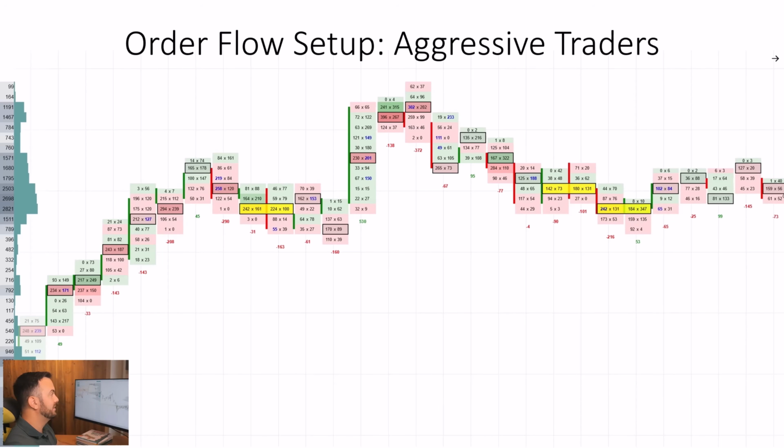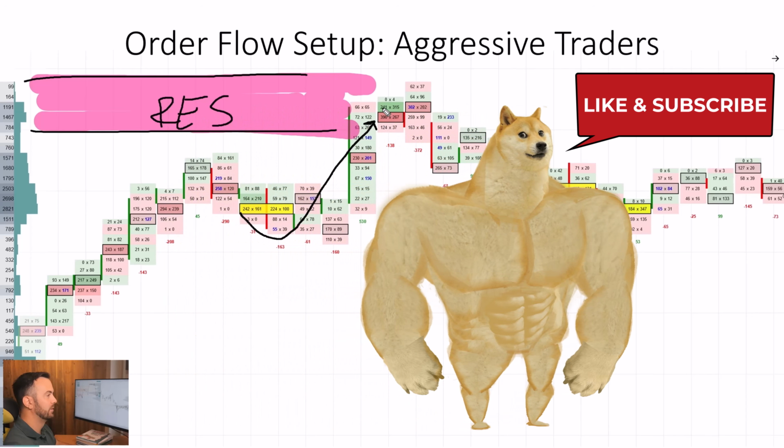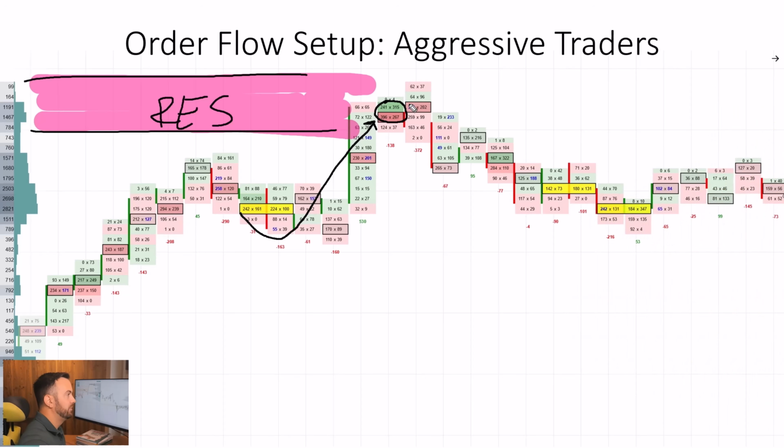So again, let's imagine that there was a resistance here. And when the price hit that resistance, there was some kind of absorption, but that's not really what I want to focus on now. I want to focus on what happened next. And that's aggressive sellers. Heavy volumes on bid, right here.